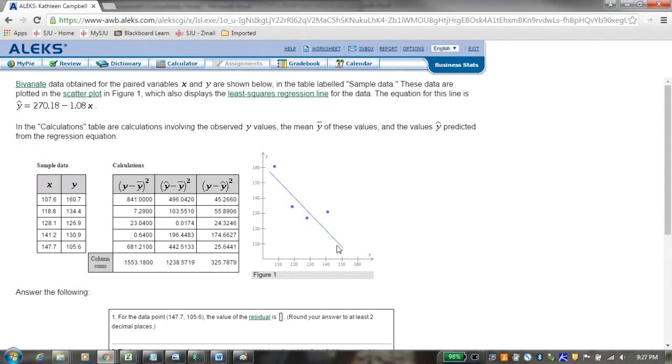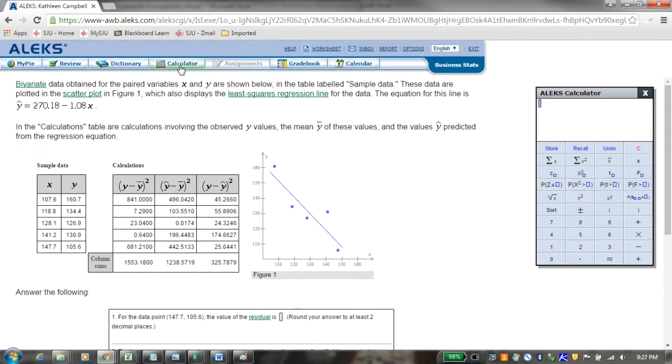So we want to know how far off is it from what we would have predicted it to be. To find the residual, the first thing we do is take the x value and put it into the equation. So the equation is 270.18 minus 1.08 times the x value, which in this case is 147.7.